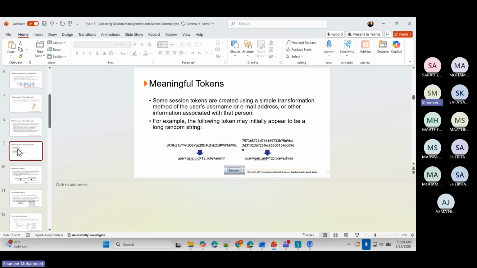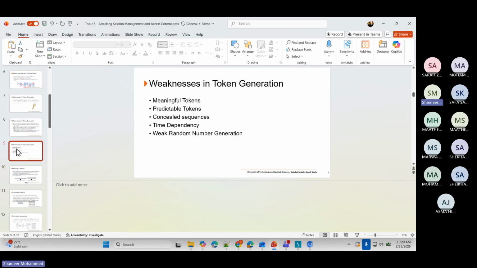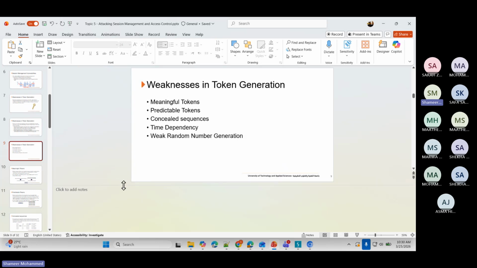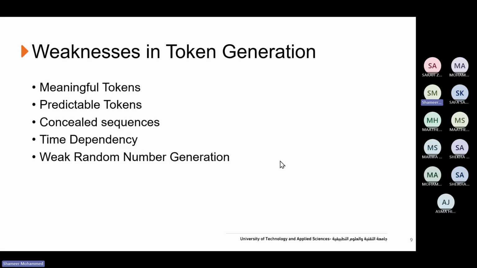Okay, still we are in the first one. Again, the weakness in the token generation, there are these four types. Number one, do not generate a meaningful token. Number two, do not generate a token which is predictable, yani easily guessed.